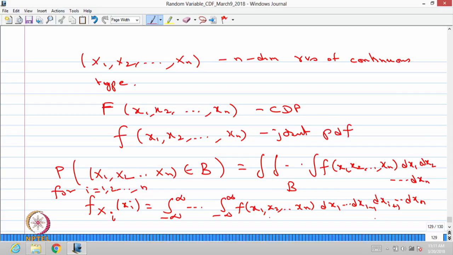You can always get the marginal distribution of any one random variable from the joint distribution of an n-dimensional random variable of the continuous type.